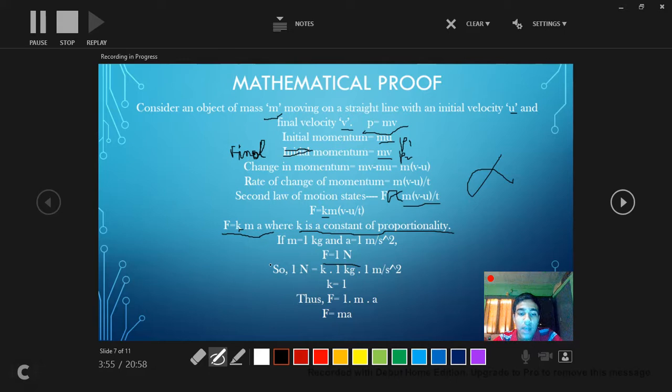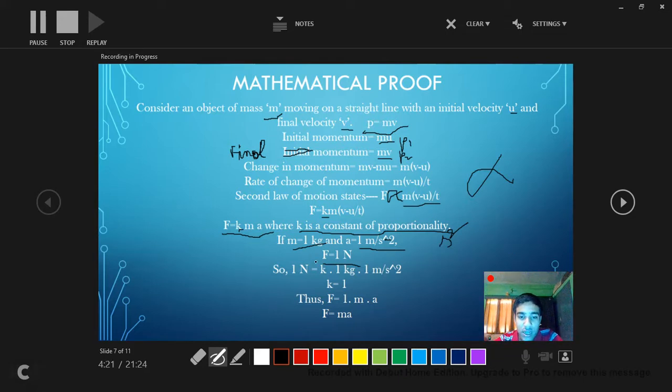So if mass is 1 kg and acceleration is 1 m by s square, where s square means second square, then the force will be called 1 Newton.